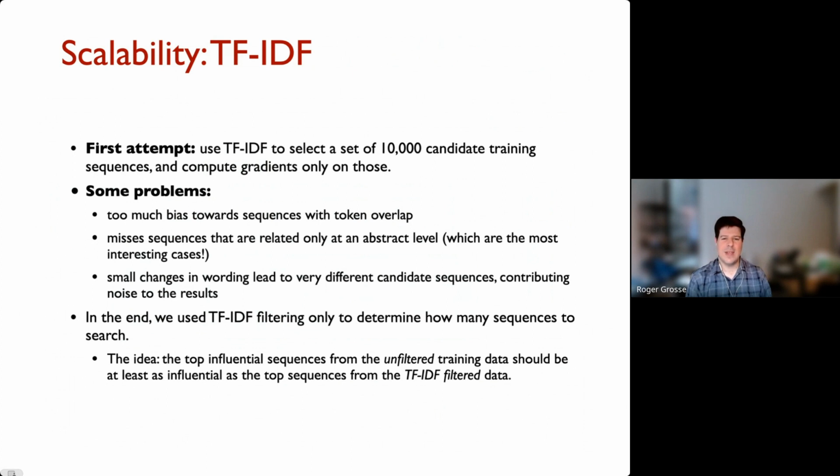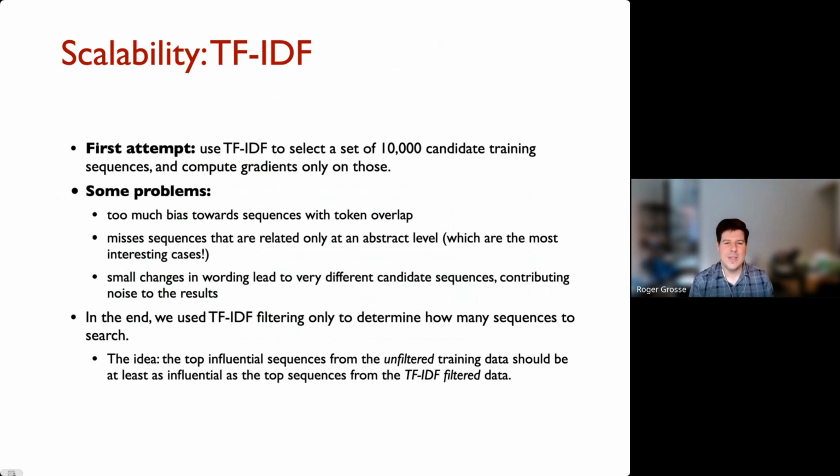Another problem with TF-IDF is that it's very sensitive to small changes in the wording. So you can search for a slightly different query, and you might get back a very different set of influential documents just because of what TF-IDF happens to retrieve. And so this is basically not workable as a way of getting results we can interpret.